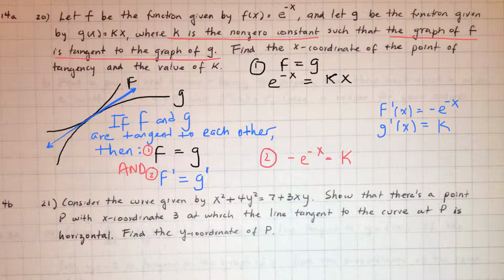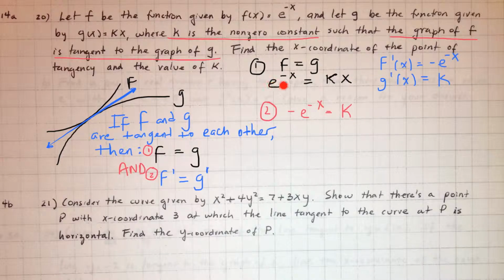But now that I have two equations, in my Algebra 2 class they told me that's called a system of equations, and you can solve it by substitution. So I'm going to go back to my top equation, and since this one's solved for k, I'm just going to take this k value and plug it in right there. So then we have from equation 1, e to the negative x equals k times x, but k is the same as negative e to the negative x.